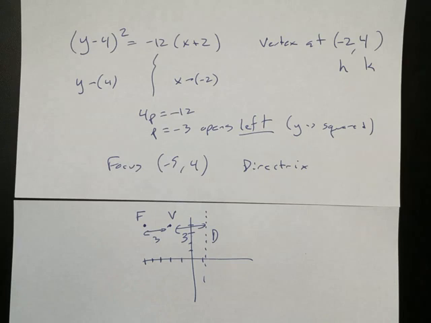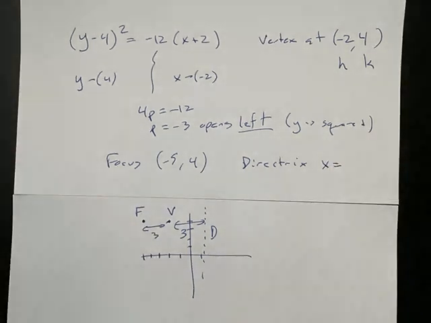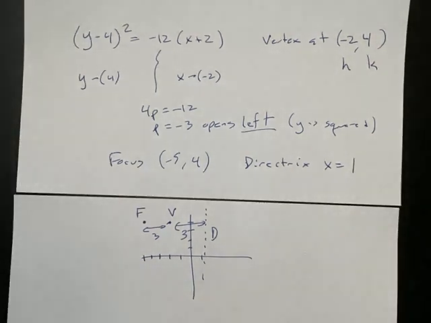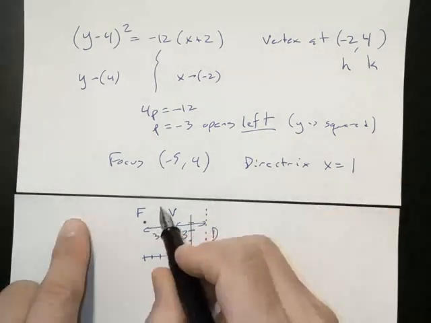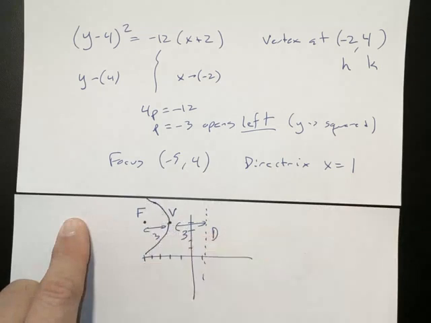The directrix is a line. Is this line x equals or y equals? The vertical lines are x equals. What number? 3 units the other way. We got it. And now I can draw a picture. Even if it's a bad picture, I can draw a picture. It's going to go like that.